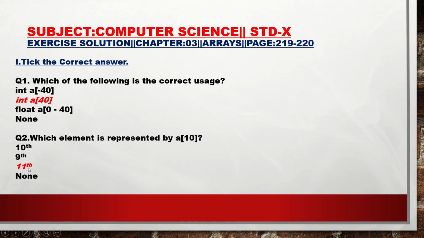So 11th is the correct answer here. I hope this is clear. 0 1 2 3 4 5 6 7 8 9 10. Starting from 0 you count till 10, so the 10th index element will be the 11th one.